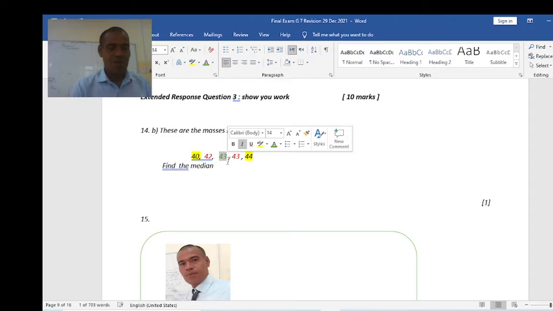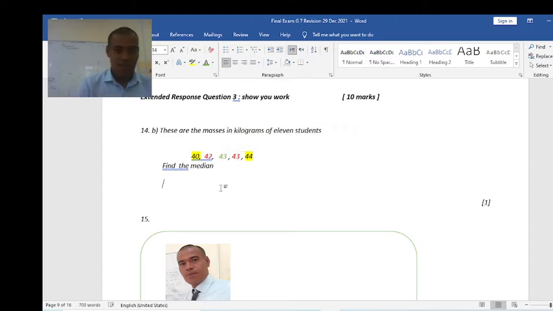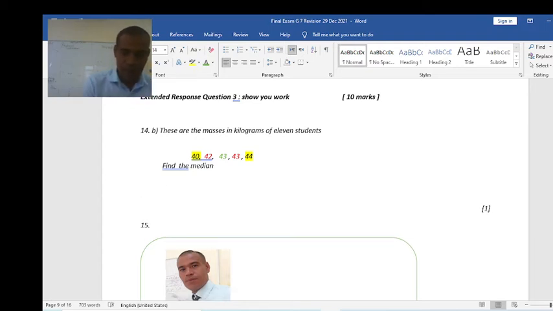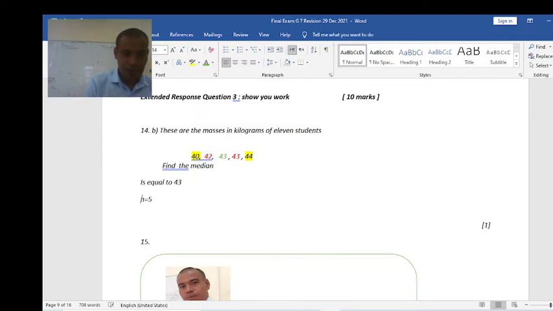The median, first method, we use the first method. The median is equal to 43. The second method, number of values equal 5. 5 is odd.